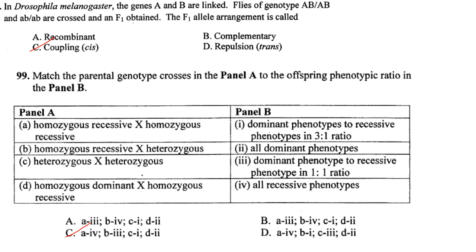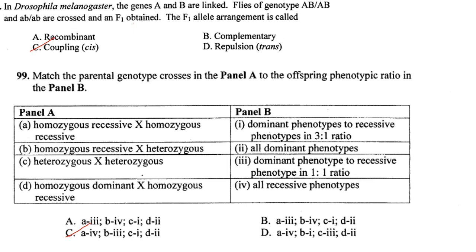Then match the parental genotype crosses in panel A to the offspring phenotypic ratio in panel B. So homozygous recessive into homozygous recessive, you will get all recessive phenotypes. So A4. So B and A can be ruled out. C and D, okay, we'll see the next options also. Homozygous recessive into heterozygous, you will get dominant phenotype to recessive phenotype in the 1:1 ratio.